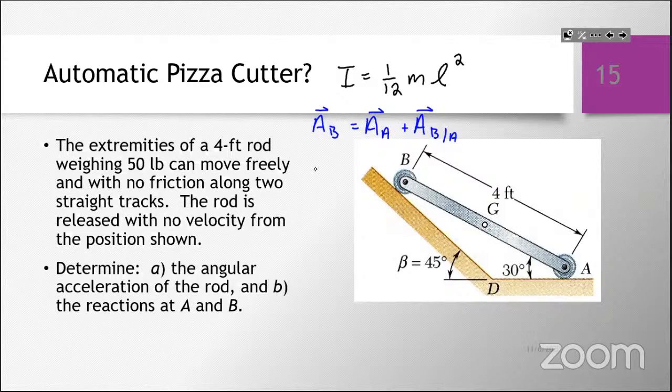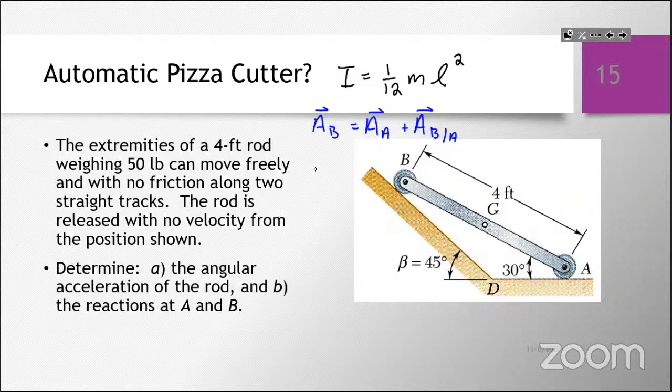In this case, we're told that there's friction. We don't know the acceleration, so we need to figure that out.